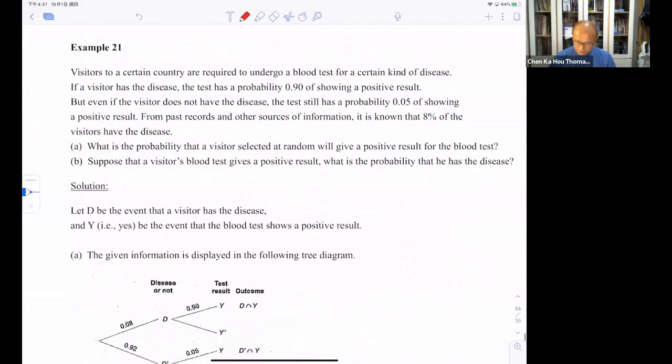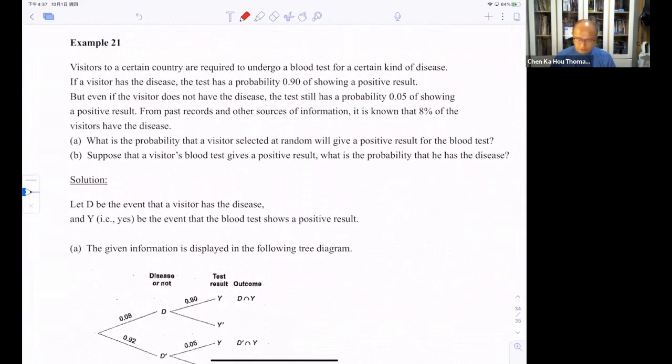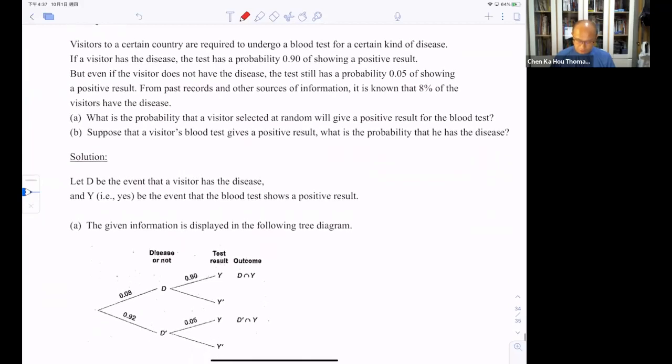All right, so let's see. The last example: visitors to a certain country are required to undergo a blood test for a certain kind of disease. If a visitor has the disease, the test has a probability of 0.9 of showing a positive result. But even if the visitor does not have the disease, the test still has a probability of 0.05 of showing a positive result.